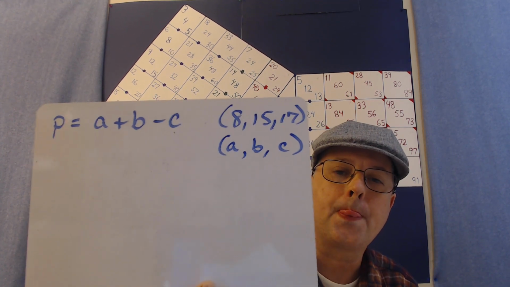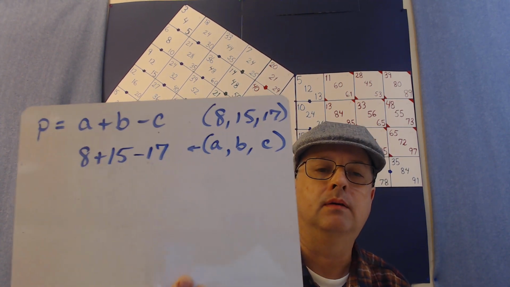Okay, and so let's take that example of 8, 15, 17 for A, B, and C. Let's substitute that in there.